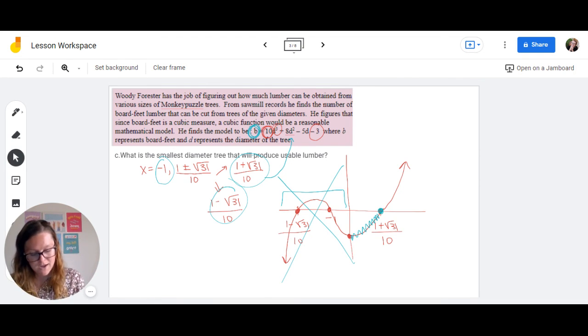So then my answer has to be D needs to be greater than 1 plus the square root of 31 over 10. That's the smallest diameter I could have, just above that root there, and then it would just continue on forever. So the answer to this is that as long as the D value is greater than this root right here, you are good to go. So smallest answer right here.